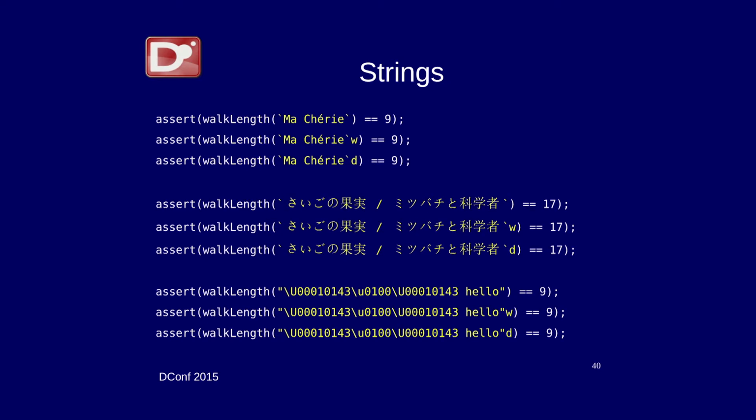However, if you use walk length, they're all the same. The reason is that popFront and front and company do auto-decoding for you, so they will give you a dchar, which arguably increases correctness, but doesn't actually give us full correctness.